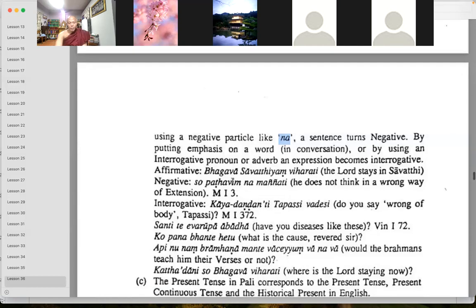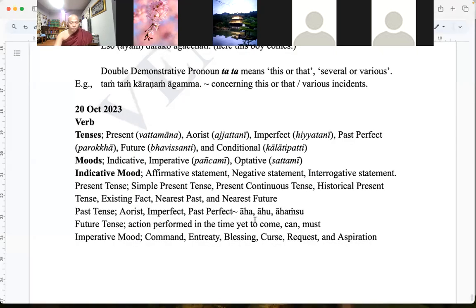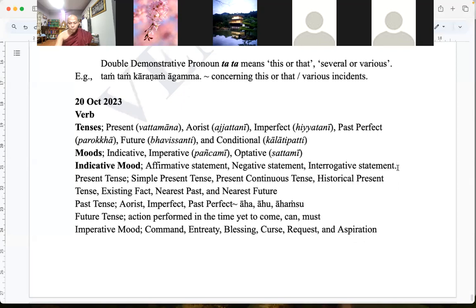So now 3 examples for the affirmative statement. Bhagavā Sāvatthiyaṃ, we have read it.